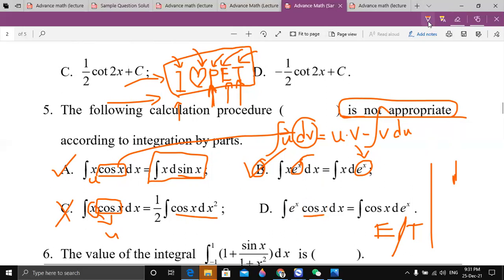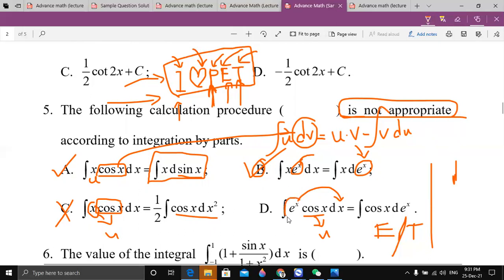So now if I just take this, if I just compare it with dv, so integration of e to the power x will also be e to the power x, right? So here cos x is equal to u, and e to the power x we have to convert into something like dv.